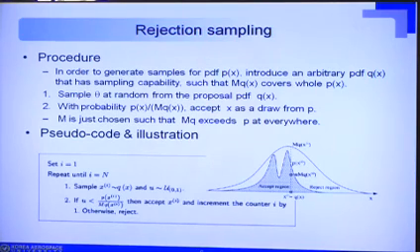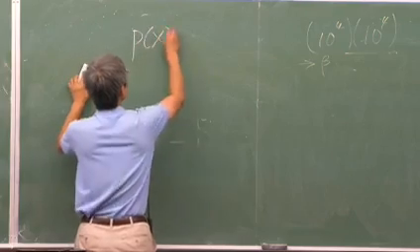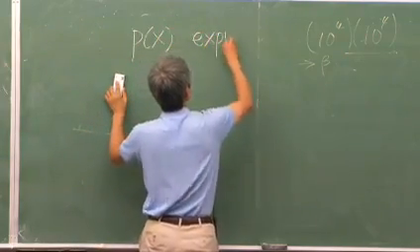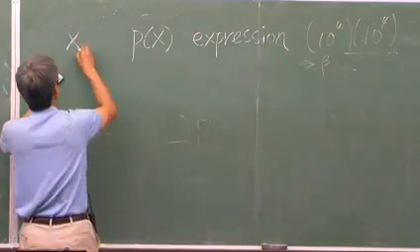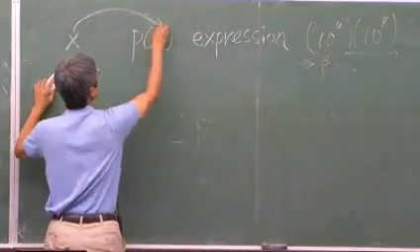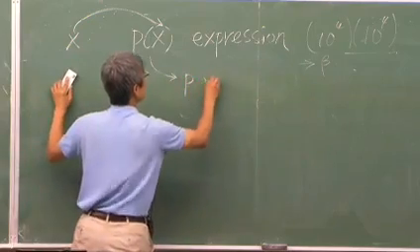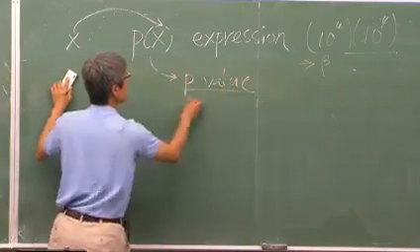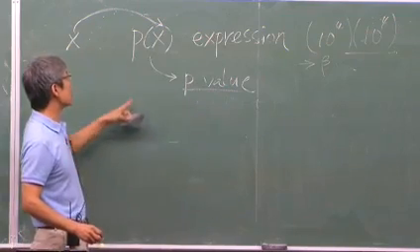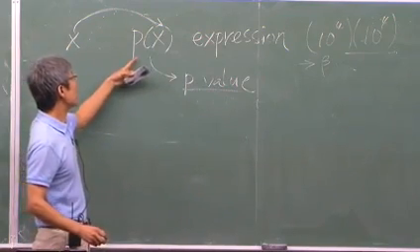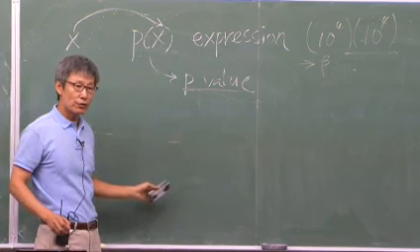So the question is, if we have the P(x) expression, we input some value of x here and get the p value. In this case, do you mean that we can sample directly satisfying this distribution?